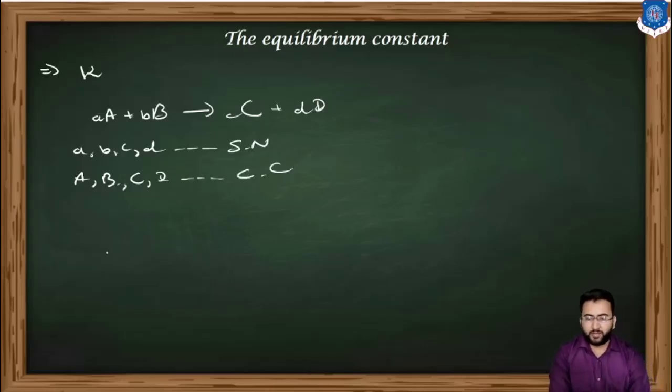So the equilibrium constant for this reaction is defined by K equal to Ka. Here we are going to write the equilibrium constant in terms of the activity.